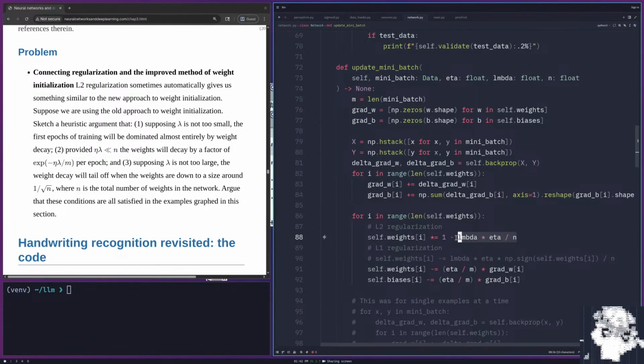So you're decaying the weights. I guess I don't really see where this exp and this n are coming from. I think it's because we're repeatedly doing this scaling.